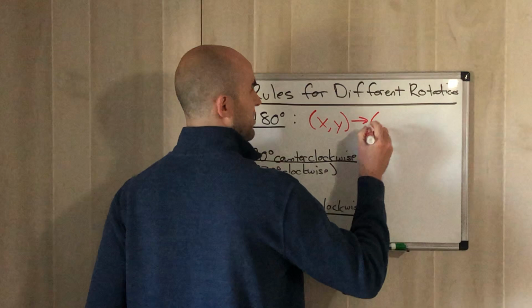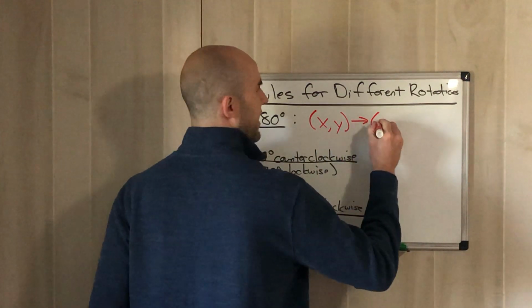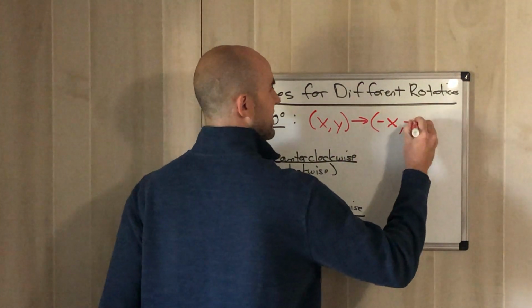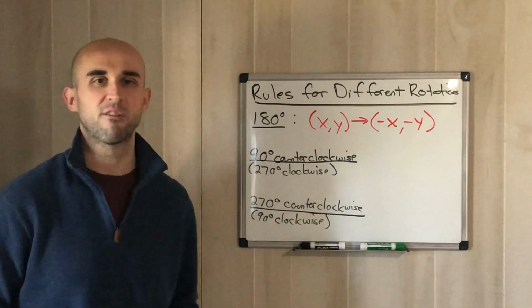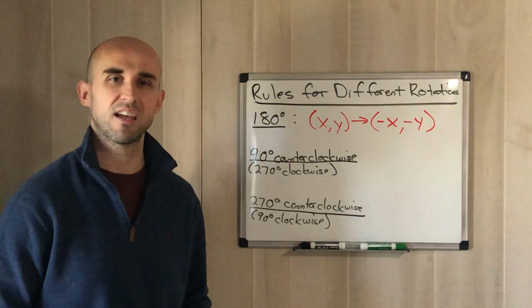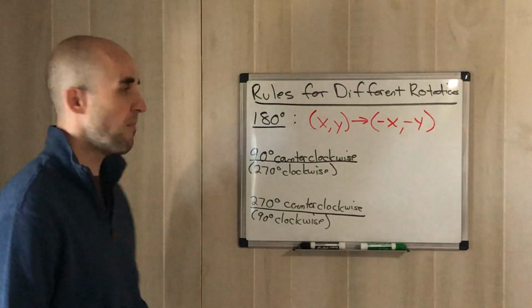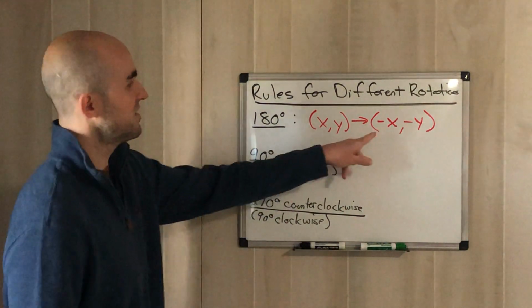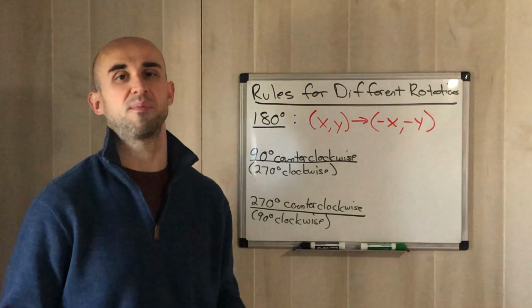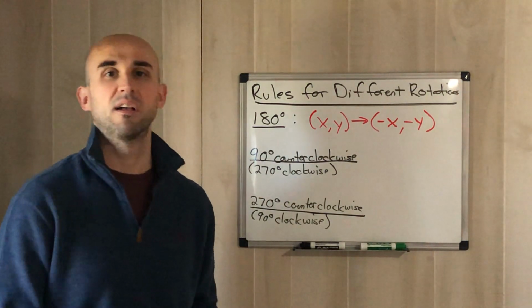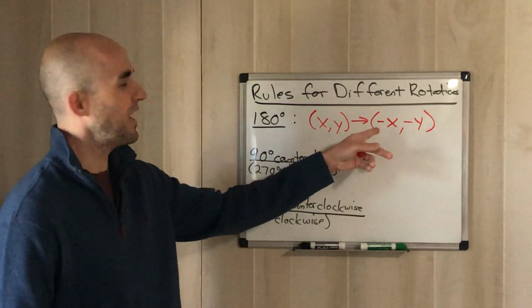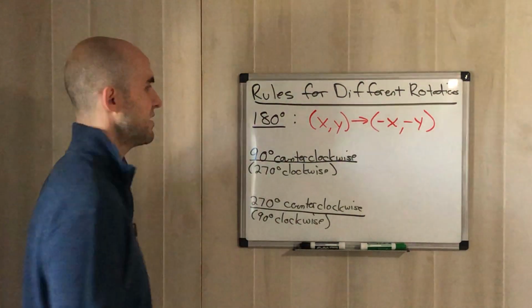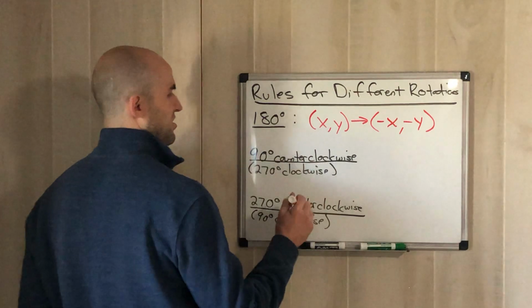And so if all we're doing is changing the signs, if we have x, y, it's going to become negative x, and it's going to become negative y, right? Again, whenever it's a 180-degree rotation, easiest thing in the world, just change the signs automatically, regardless of what it is. Doesn't always mean they're going to be negative. It just means that if it's a negative, it's going to become a positive, right? If it's a positive, it becomes a negative because, again, negative and a negative becomes positive. So 180, always change the signs.